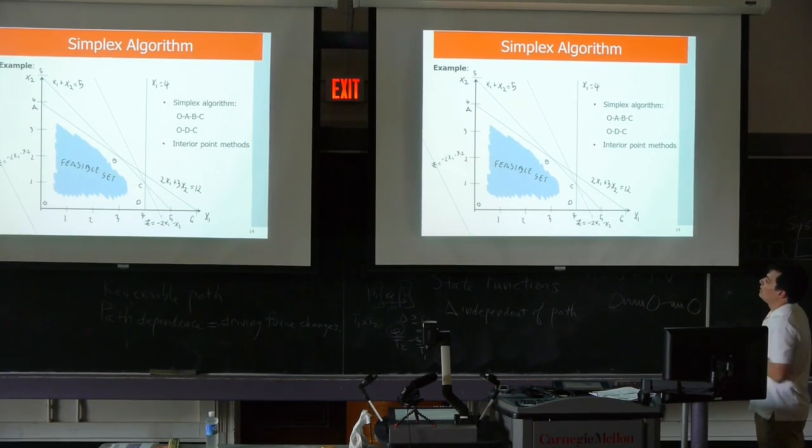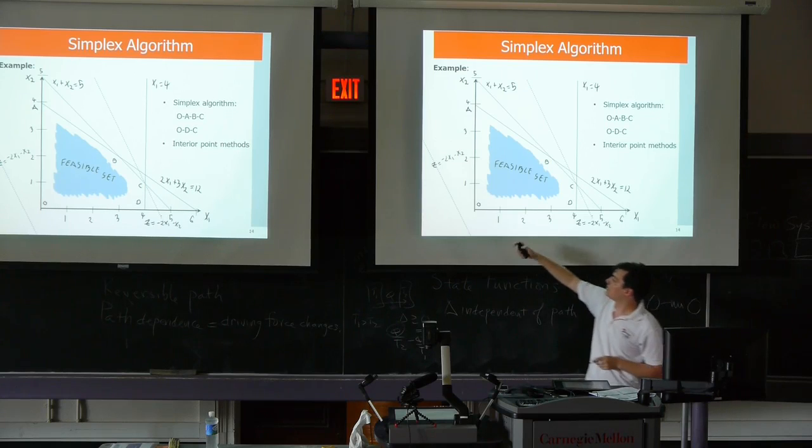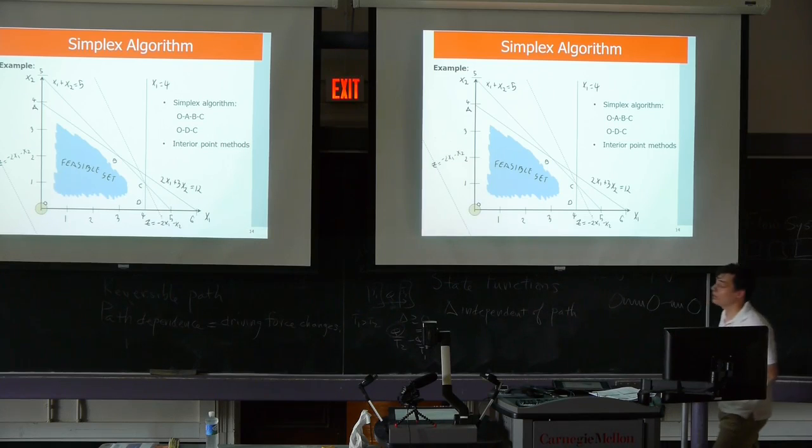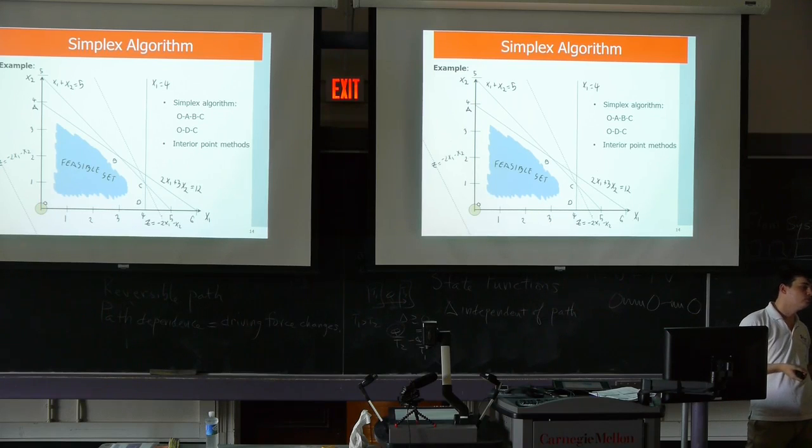What the simplex algorithm will do is start from a feasible point, say from here, and jump on the corners until it finds the optimal solution. We will be able to prove that the optimal solution is always in a corner.